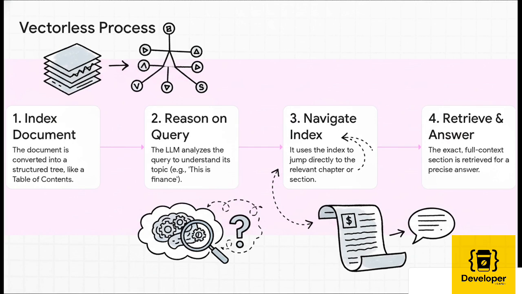And the process itself is honestly so elegant and simple. First, it indexes the document into that structured tree we talked about. Now, when your question comes in, say, explain our revenue growth from last quarter, the LLM reasons about it. It says, okay, revenue growth is a financial topic. Then it just navigates the index the same way you would to jump right to the finance chapter. And finally, it grabs that entire, intact, full context section and gives it to the LLM to write a perfect answer.